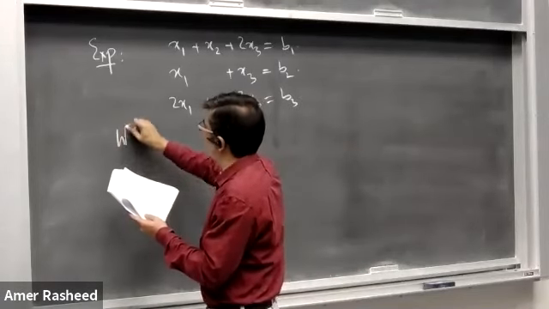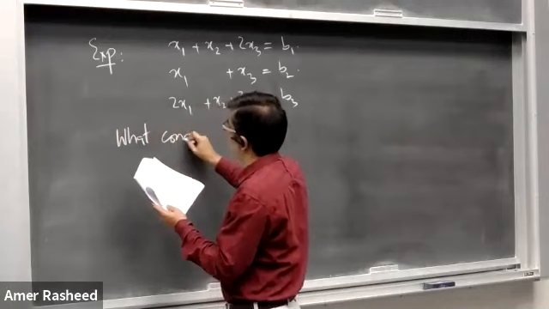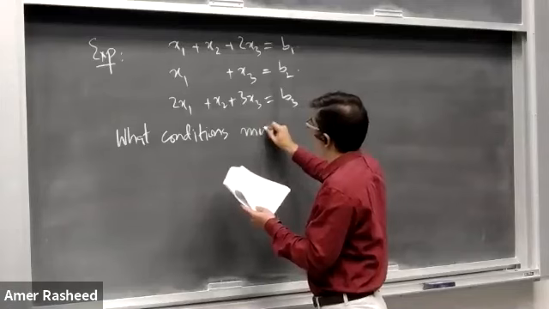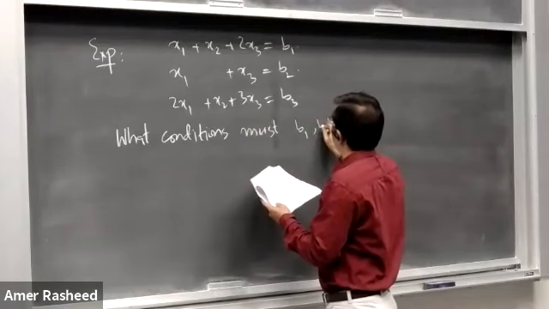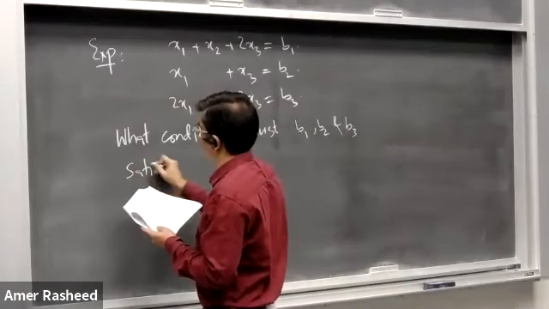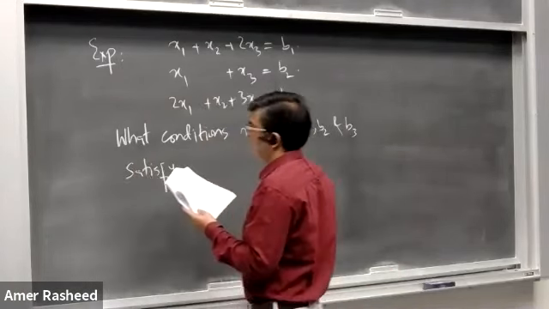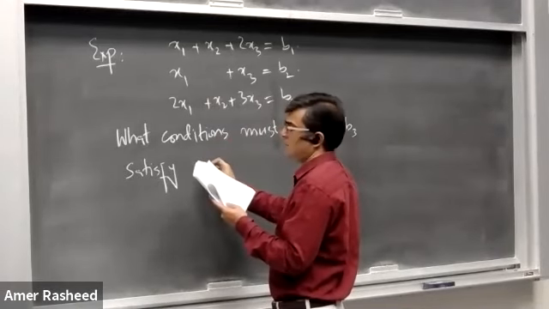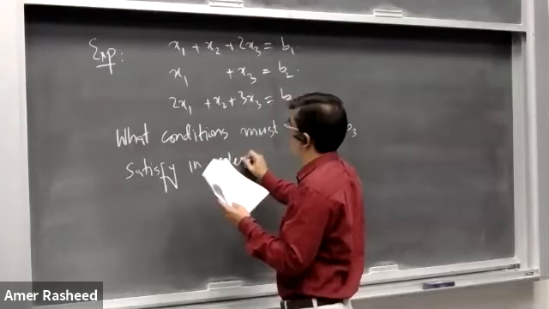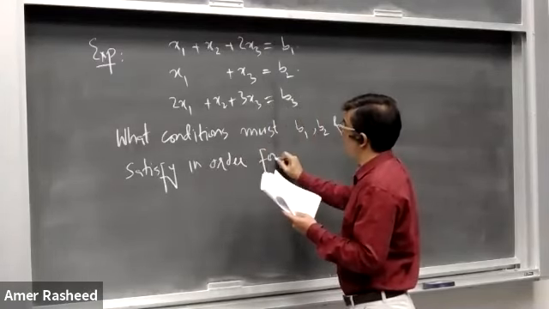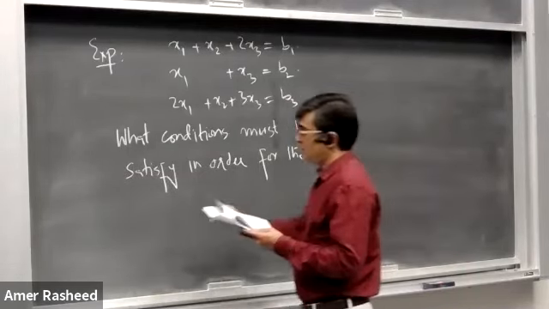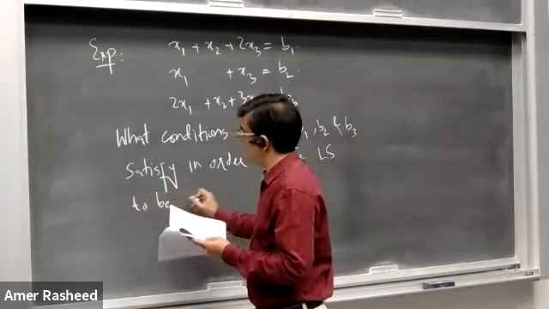What conditions must B1, B2, and B3 satisfy in order for the linear system to be consistent?